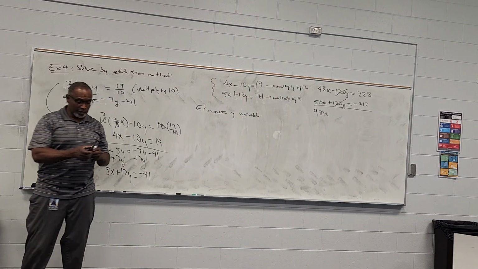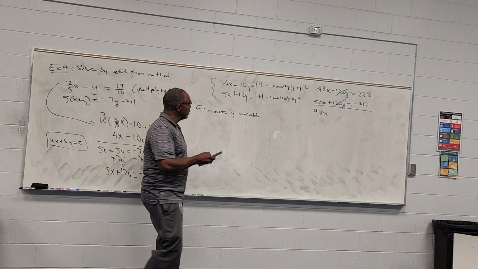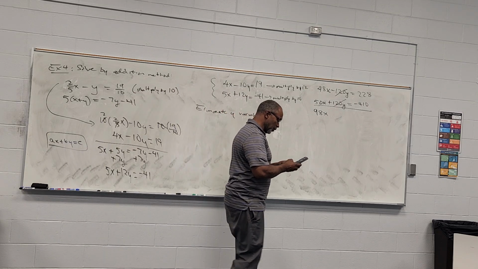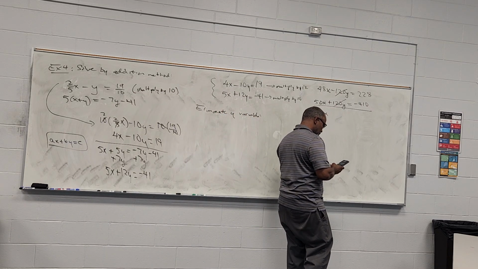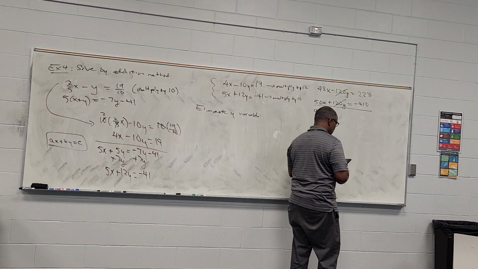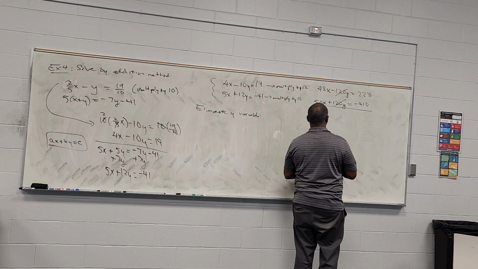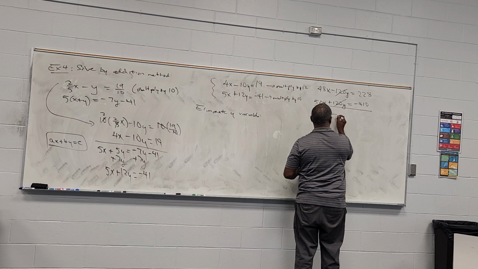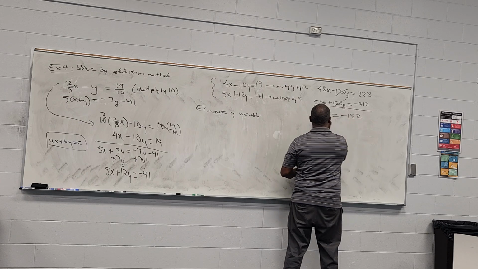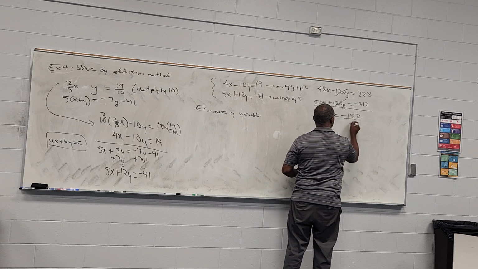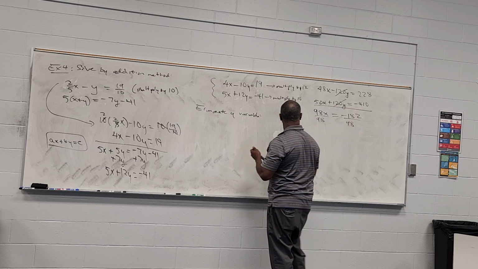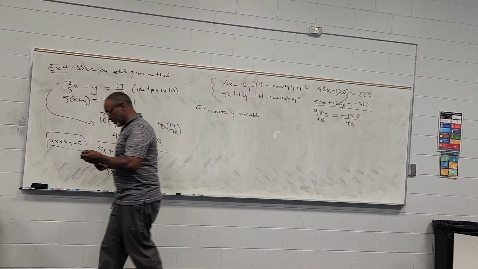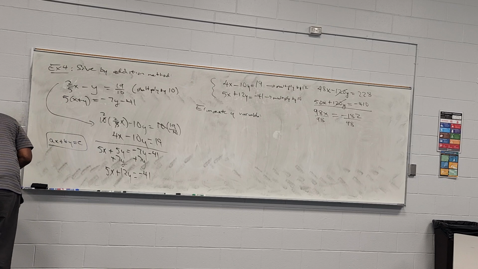The book did it the other way, so this way you'll see two solutions. So 228 minus 410 gives me negative 182. Divide by 98. Is it going to be a fraction? Yeah, it's going to be a fraction, so it's pretty nasty.